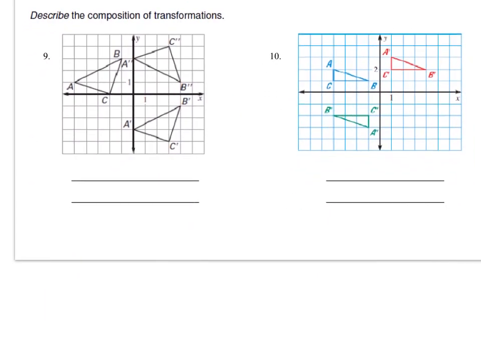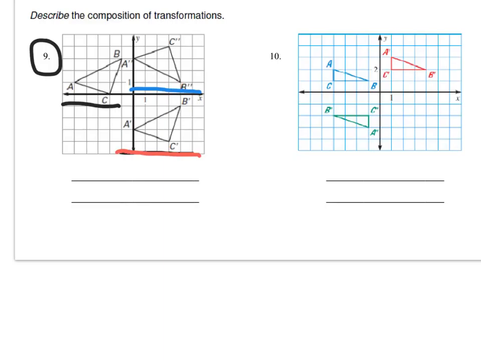Now, let's take a look at a graph. Example 9 has drawn us our original figure, a figure after 1 transformation, done in red, and a figure after 2 transformations. We can tell that the original figure is underlined in black because A, B, and C have no apostrophe next to them.